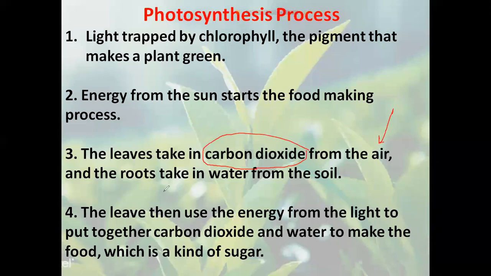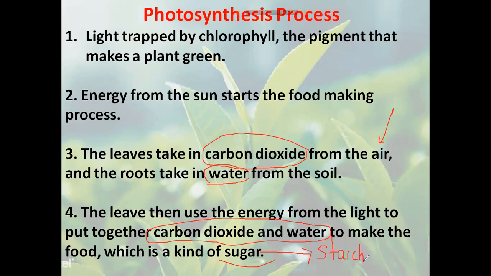And the roots take in water from where? From the soil. So they mix carbon dioxide from the air and water from the soil to make the food, which is sugar, and this sugar is stored as starch.